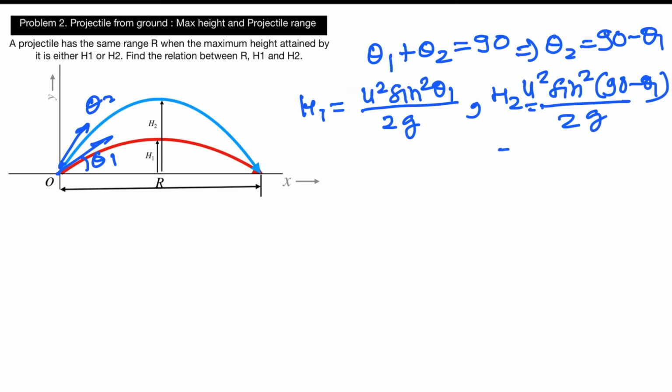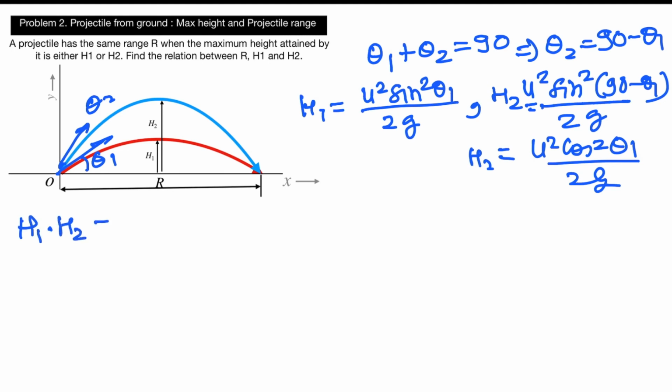So this will become u square cos square theta 1 divided by 2g. So now if we multiply h1 with h2, we will get u raised to power 4, and then you get sine square theta 1 cos square theta 1 divided by 4g square.